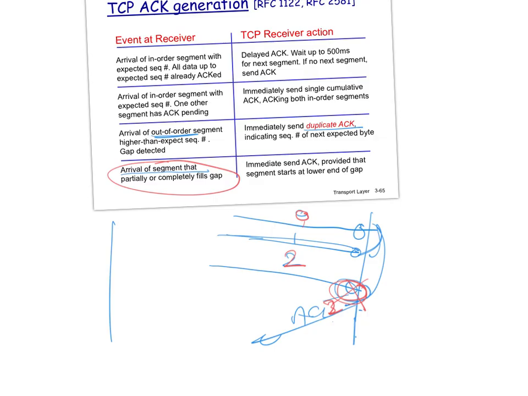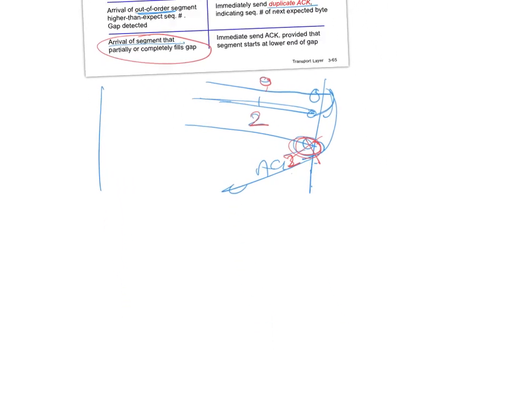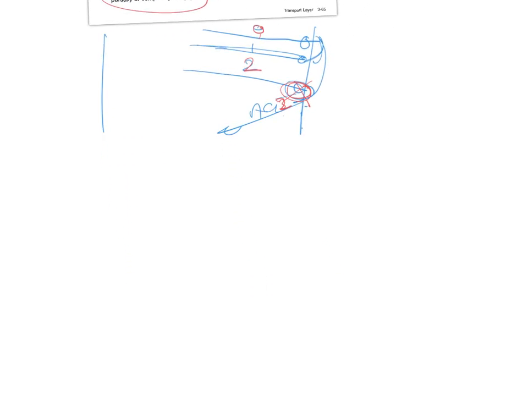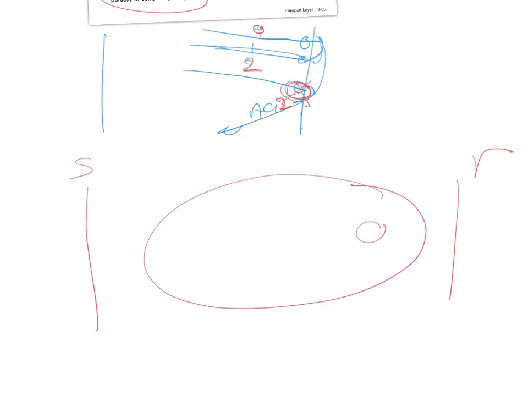So I will explain this visually. So here I have the sender and I have the receiver. In between, there is a network of routers and switches. Okay? So here I have an application at the transport layer, right?